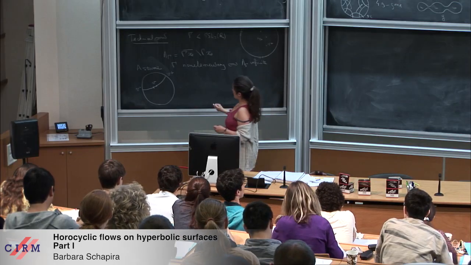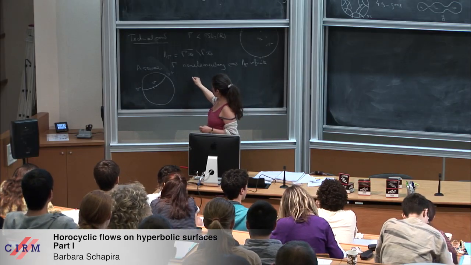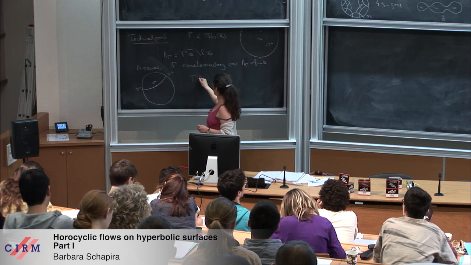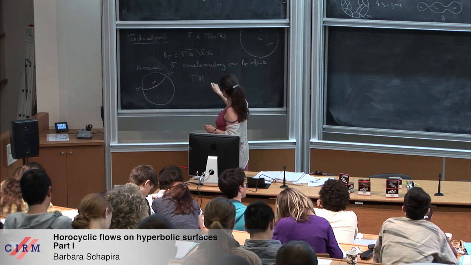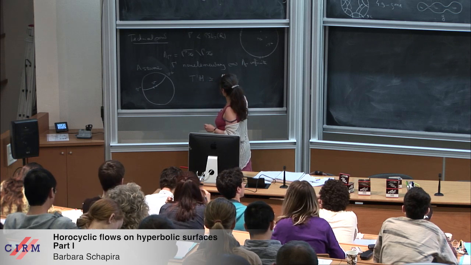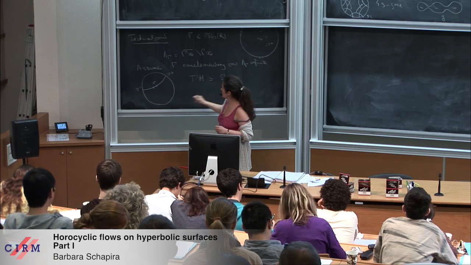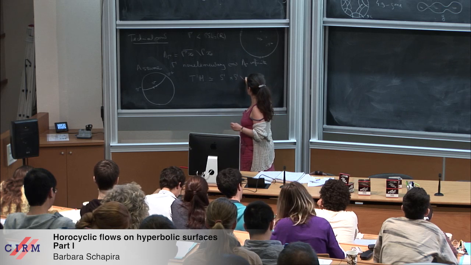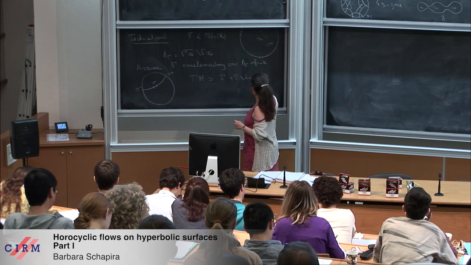And he told you that the unit tangent bundle of the hyperbolic plane is homeomorphic to the boundary, here the circle, times the boundary minus the diagonal, times R.